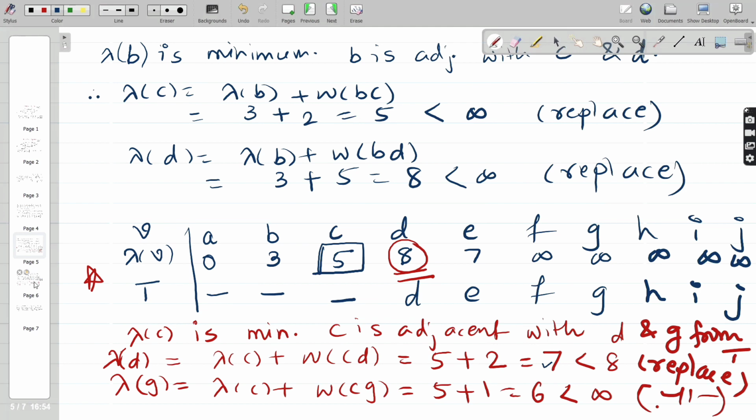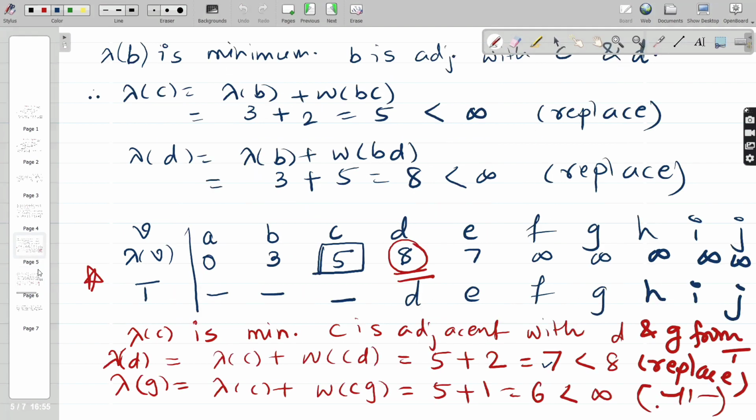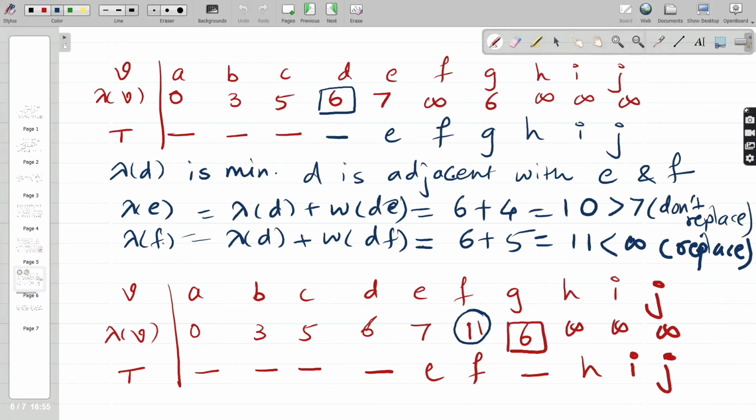Now in the next table, how has lambda D become 7? Okay. Sorry, by mistake we wrote lambda D as 6. It should be written as 7 here.